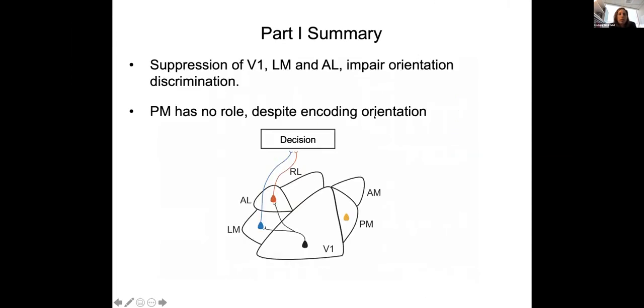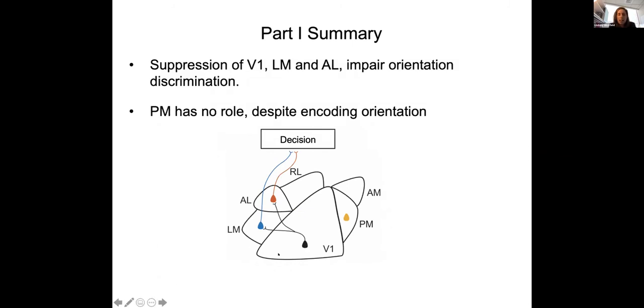So just as a brief summary, what I've shown you is that suppression of primary visual cortex and these two higher visual areas, LM and AL, are all sufficient to impair orientation discrimination. And this is not, I don't think, a trivial result, as I told you that it could be that all of the signals that are present in V1 may have been sufficient for the animal to do this task.